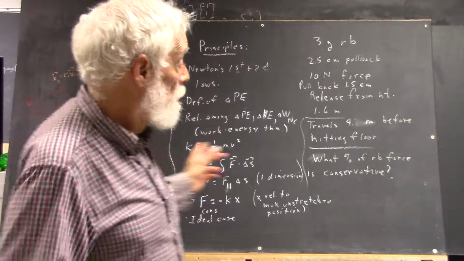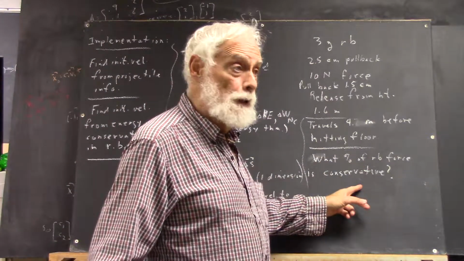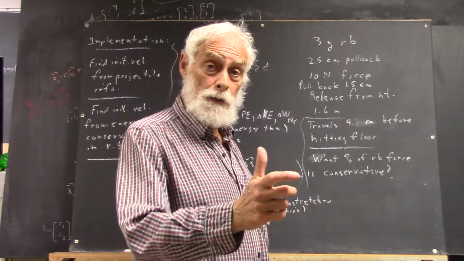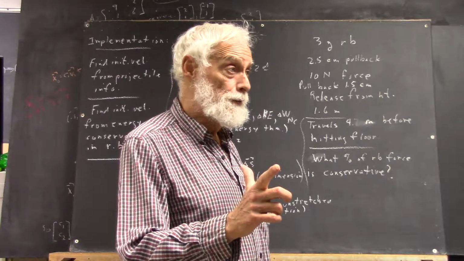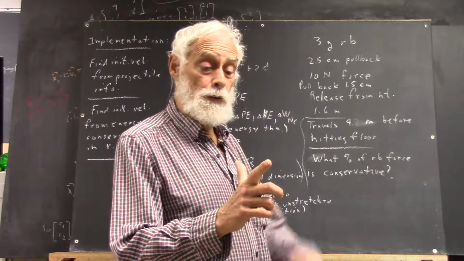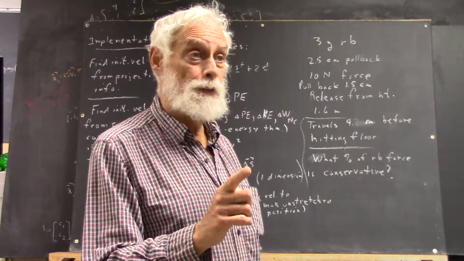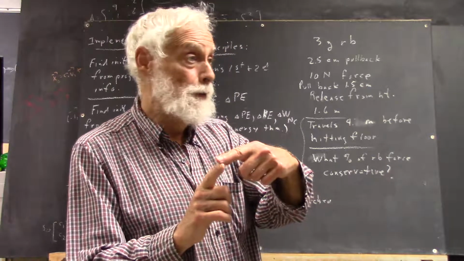If the force is completely conservative, then the energy it took to pull it back is going to be the same as the energy released into the rubber band when you let it go, which means its velocity at this point will be known.